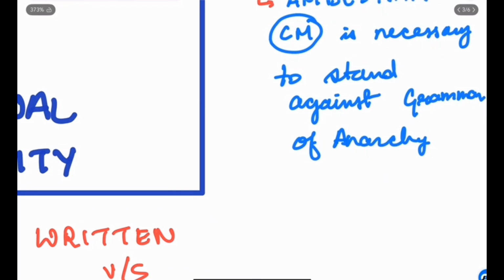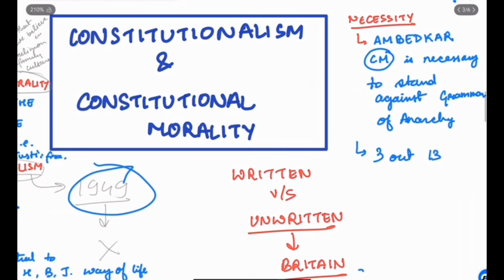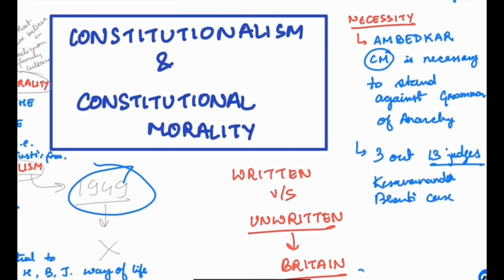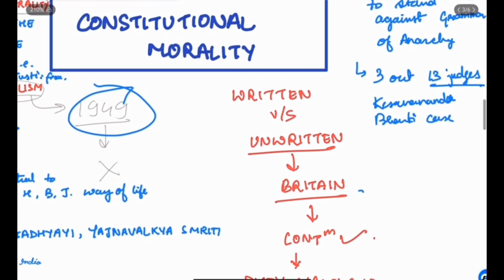So that was his opinion. Now, has it functioned in our democracy? We can see that 3 out of 13 judges, which was the case which had 13 judges? It was the very famous Keshavananda Bharati case.